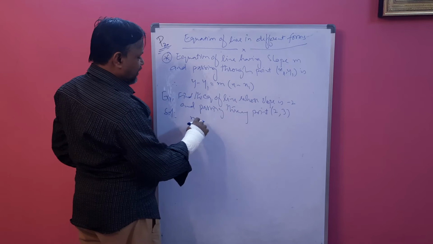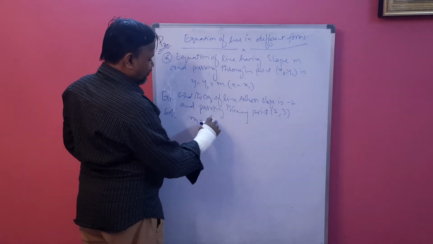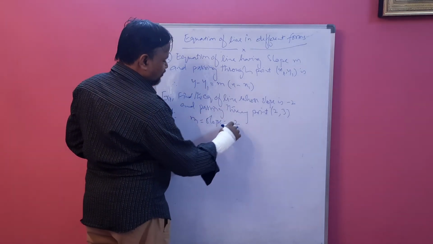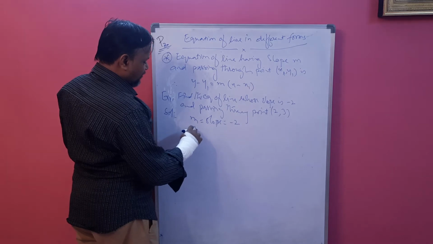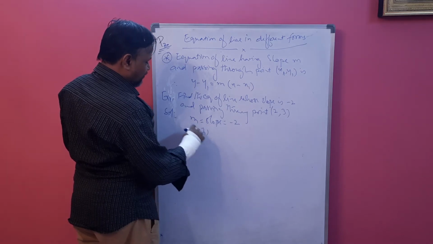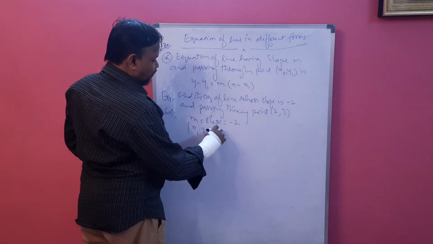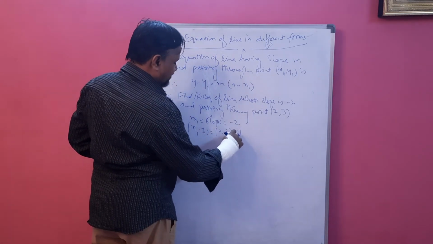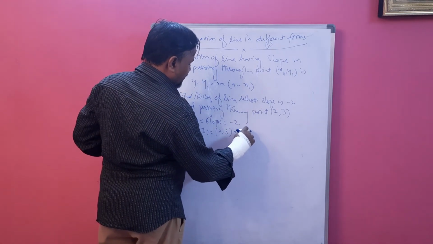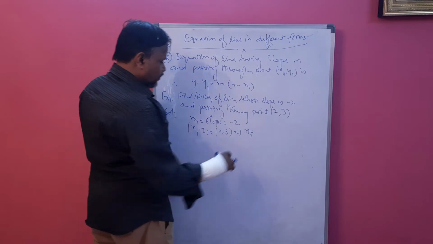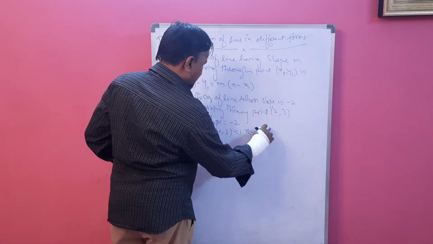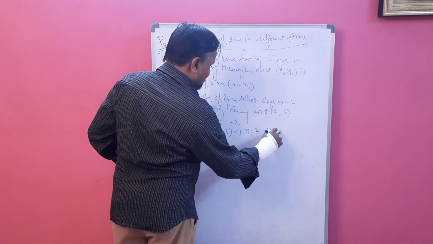Solution. M is the slope, that is minus 2. The point is given as x1 comma y1. Our x1 comma y1 here is 2 comma 3. That implies x1 equals the first coordinate, 2, and y1 equals 3.